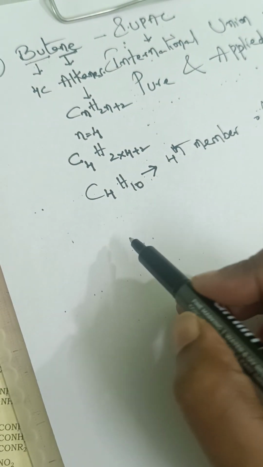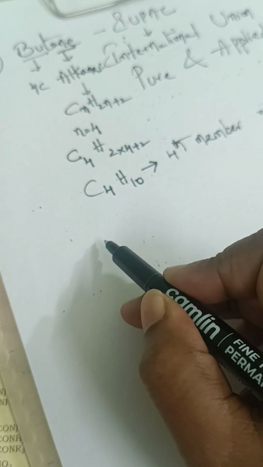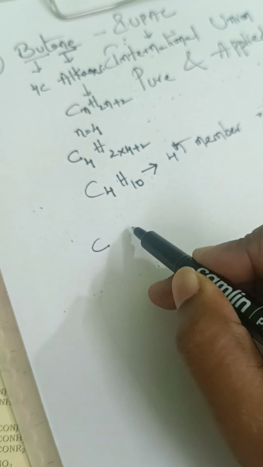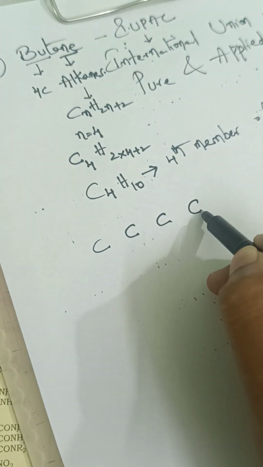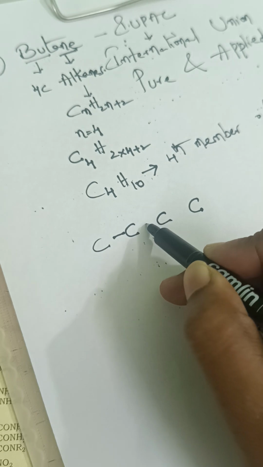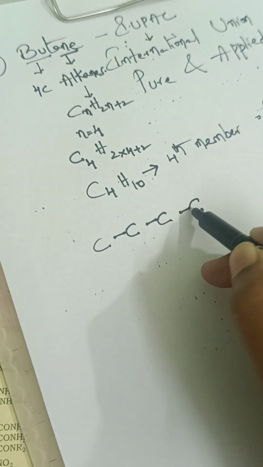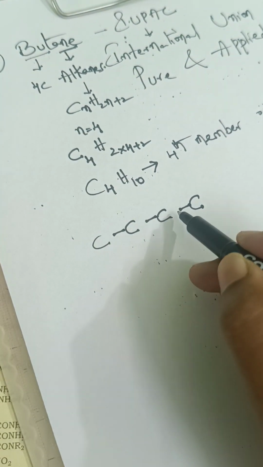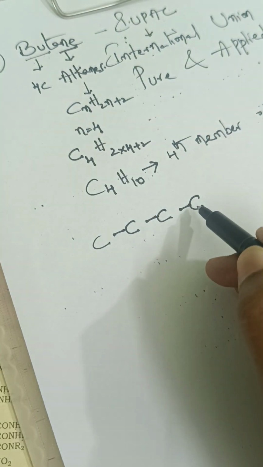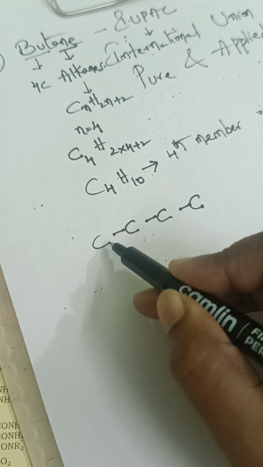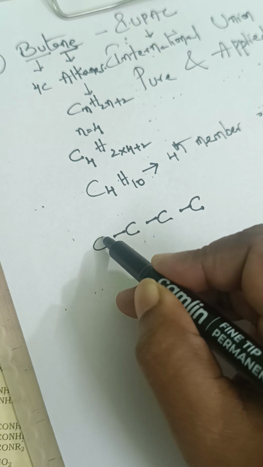See, we already know 4 carbon atoms are there: 1, 2, 3, 4. You need to connect a bond to each carbon atom. "But" means 4 carbon atoms, and I am taking them in the chain form.